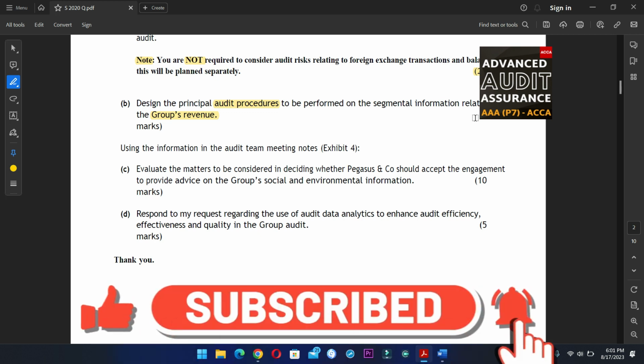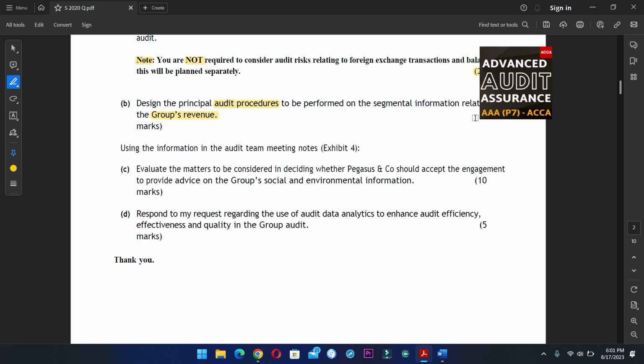If you are provided with some figures, you give a recalculate procedure to find out the totals are correct, to find out that they are matching with the other information provided, right? Then the third you can do is analyze. You can do analytical procedures, right? By calculating ratios, by comparing the figures with the previous year and so forth, right?